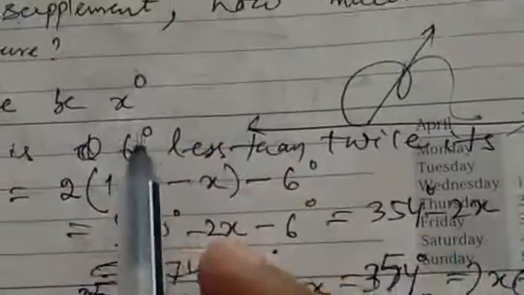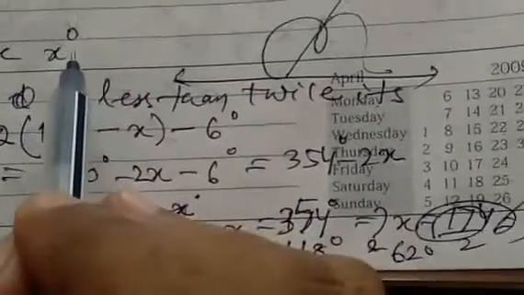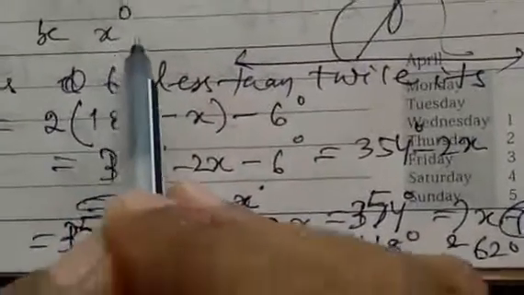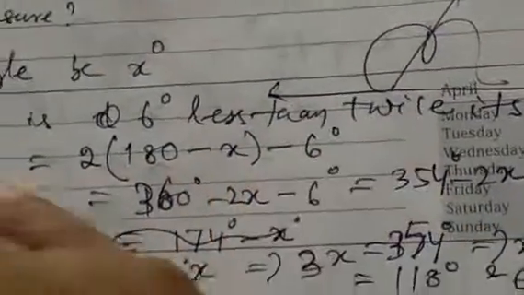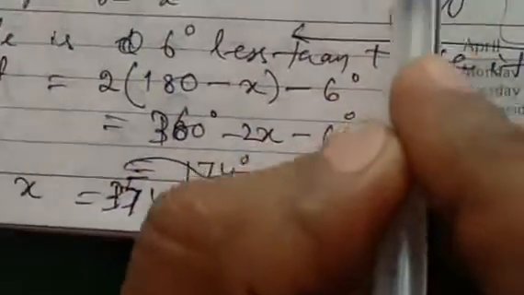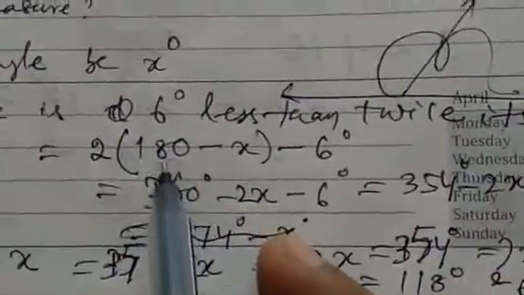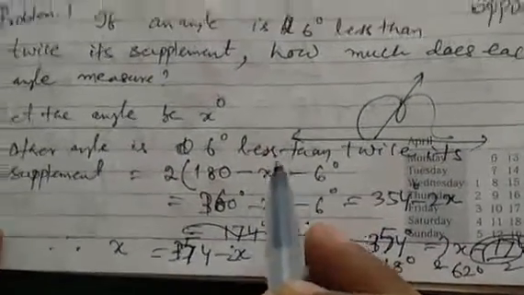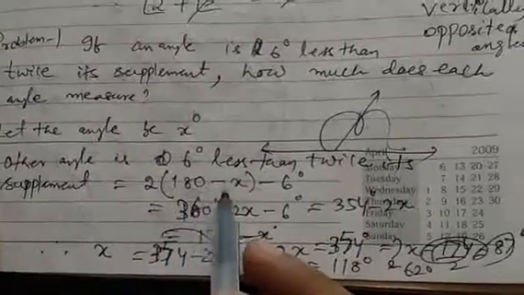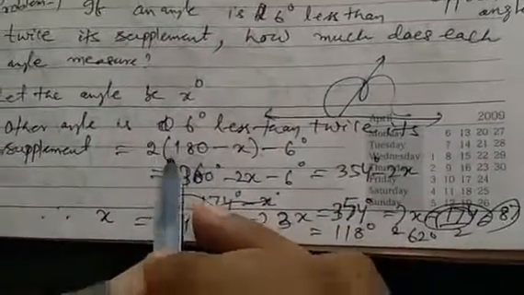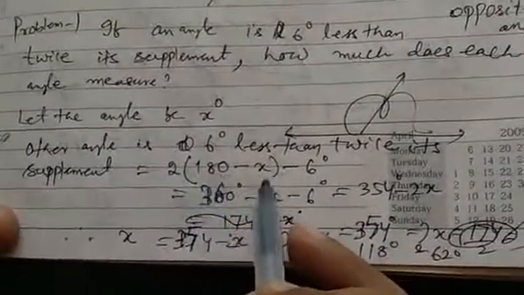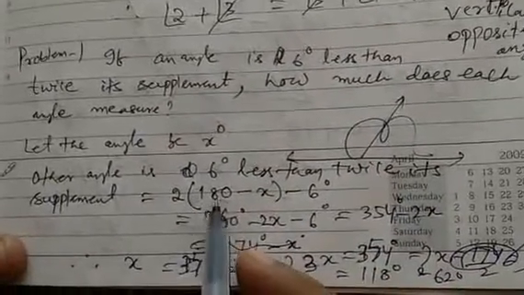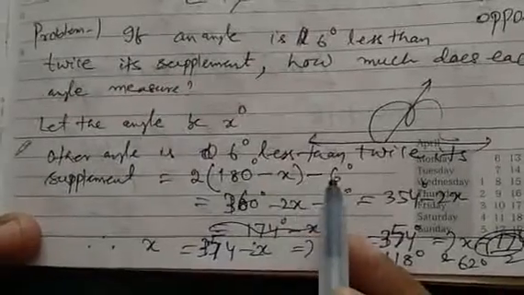According to the question, the first angle x is equal to 6 less than twice its supplement. The supplement means 180 minus x degree. Twice its supplement means 2 into (180 minus x) degree, and 6 less than that means 2 into (180 degree minus x) minus 6 degree.